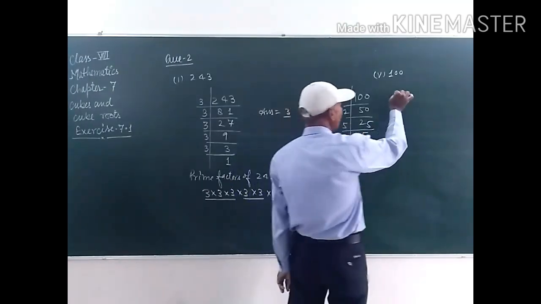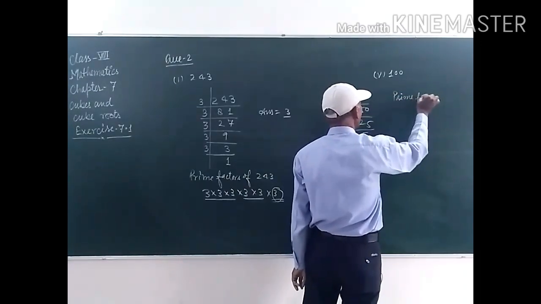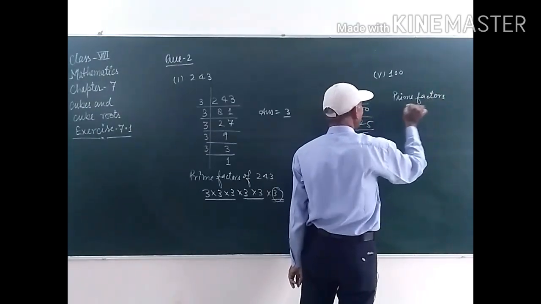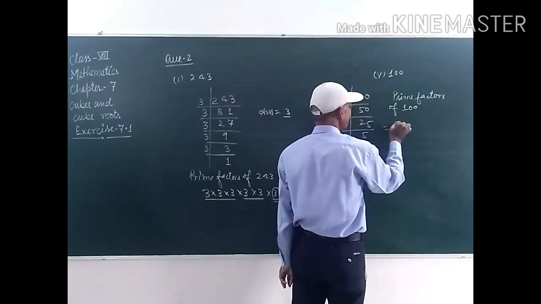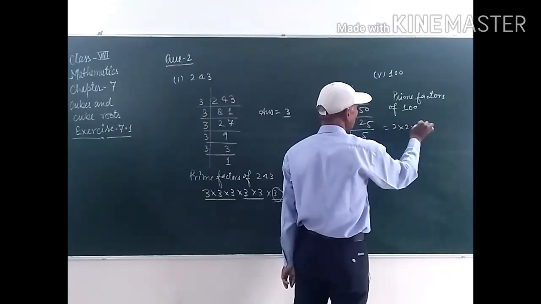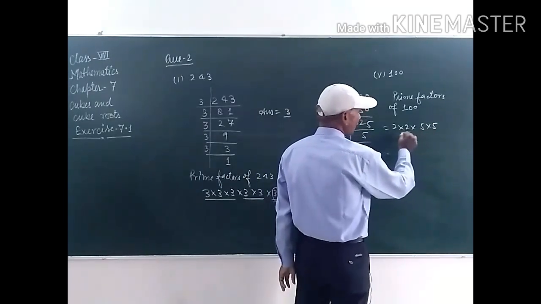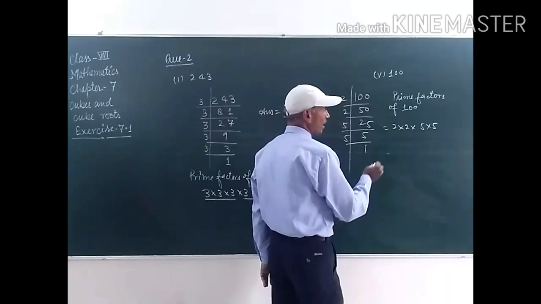So, the prime factors of 100 are 2 into 2 into 5 into 5.